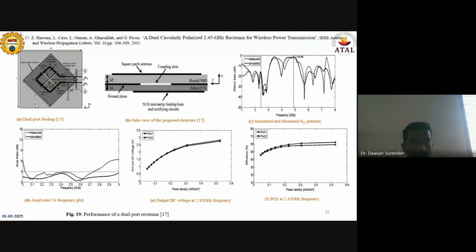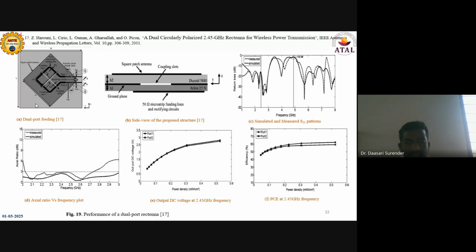This is also one of the articles in which a dual-port device is shown. It is a dual circularly polarized rectenna system, and an aperture coupled feeding approach has been used. Here we can see port 1 and port 2, and it is easily observed that the output power differs at different ports in figure 19E.